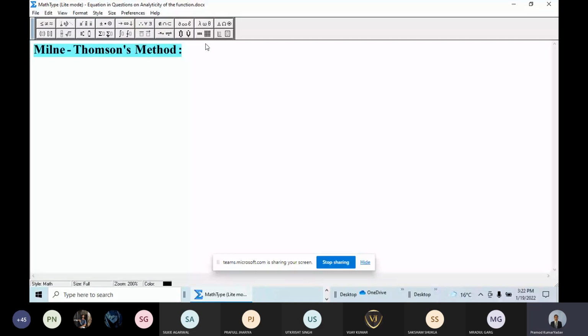Actually what we are doing: z is equal to x plus iy, and z bar is equal to x minus iy. So f(z) is equal to u, the function of x, y, plus iv, the function of x, y.